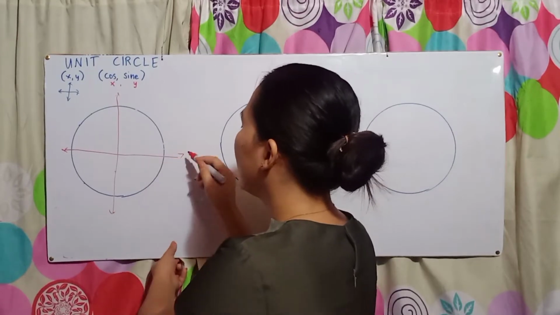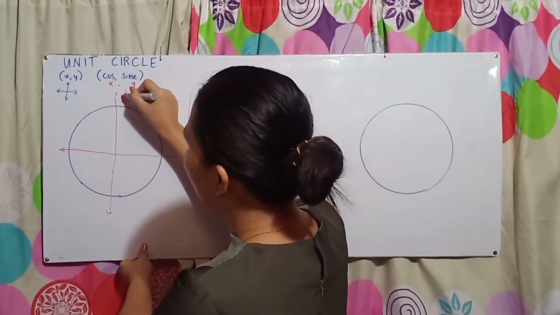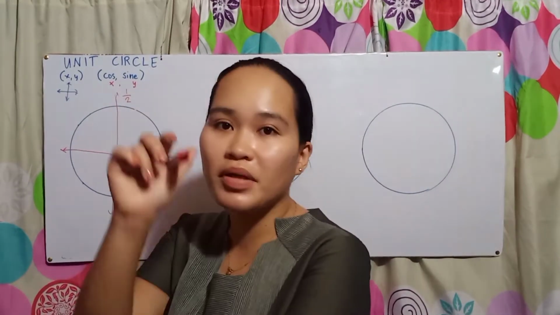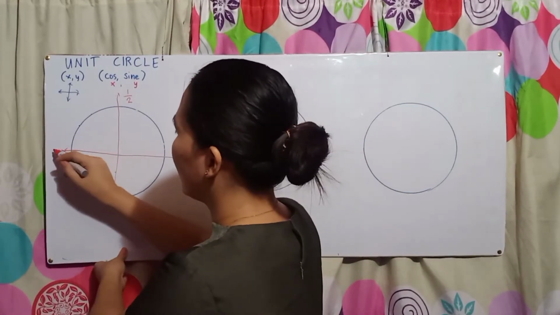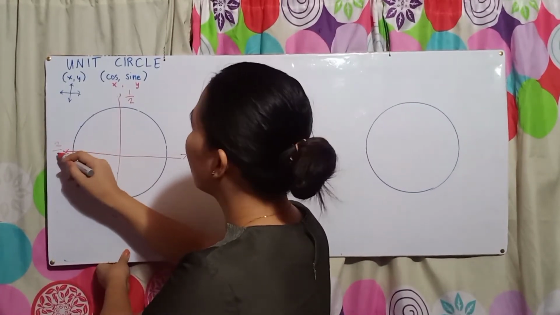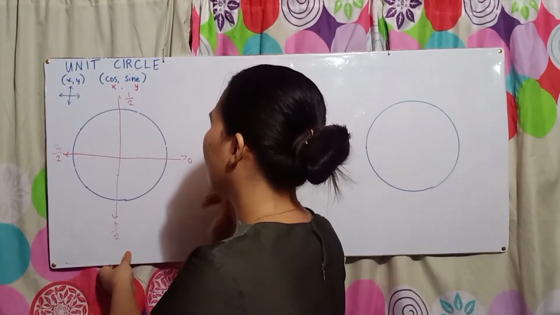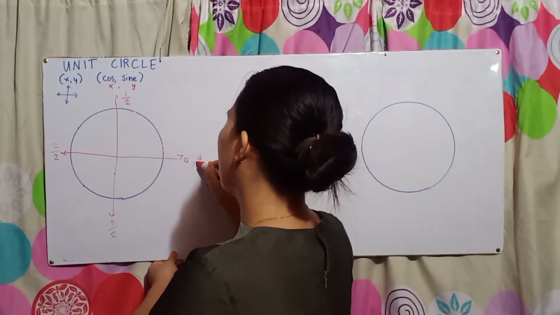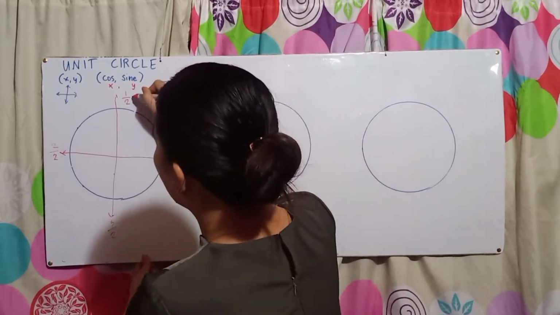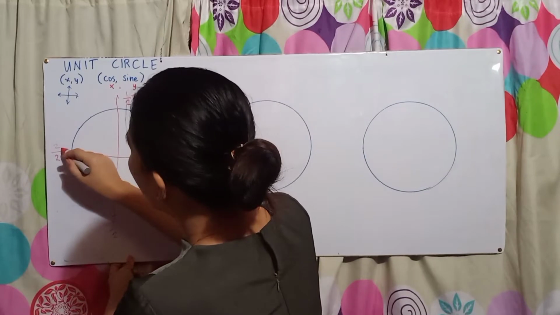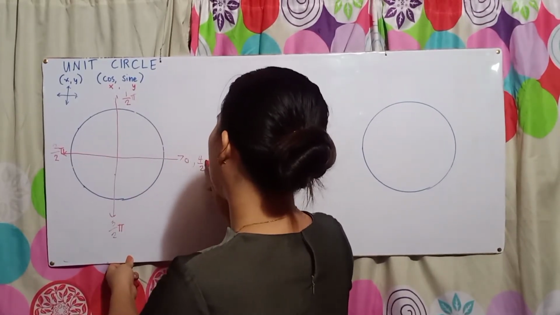Take note, here is 0, here is 1, half. Since it was divided twice, the denominator is 2. Then 2 over 2, 3 over 2, 4 over 2. Then you just add pi to each.